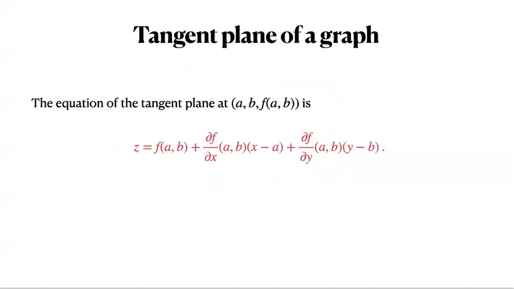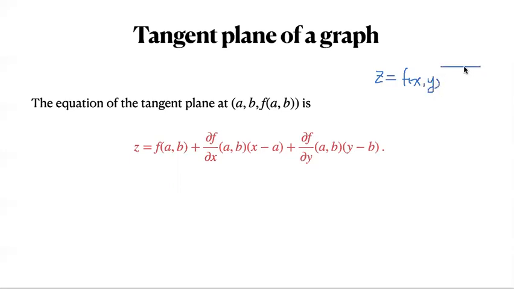Let's go. This is the last concept: the tangent plane of a graph. I mean, if there is a graph where z equals f of x, like a surface, we want to find a tangent plane.